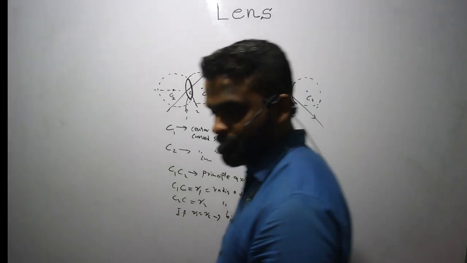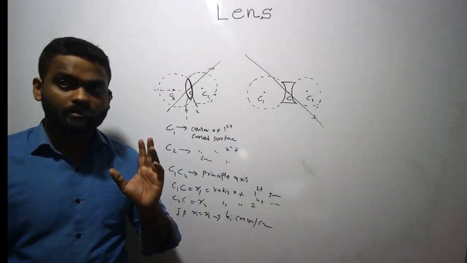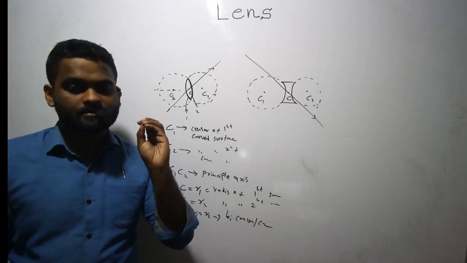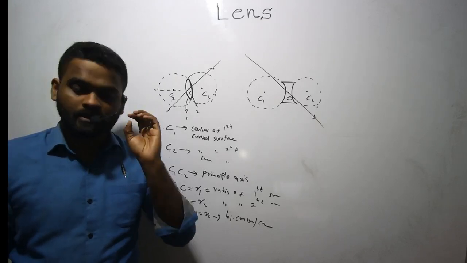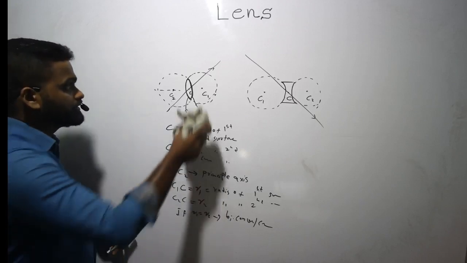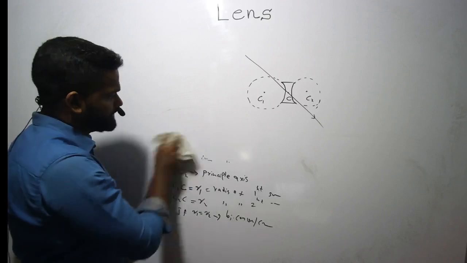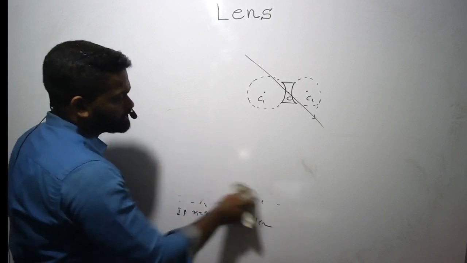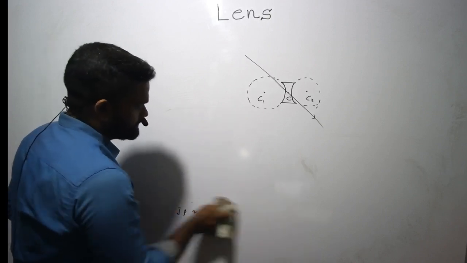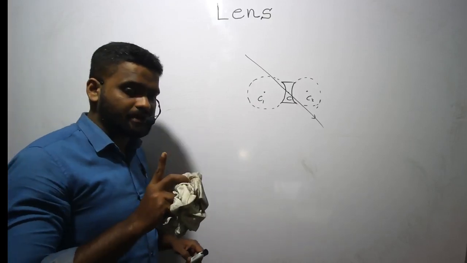Then another important thing when it comes to lenses, it is really important, is the focus of a lens. Let's learn how to get the focus of a lens. Write down the topic: focus, within brackets capital F, not simple f, right?